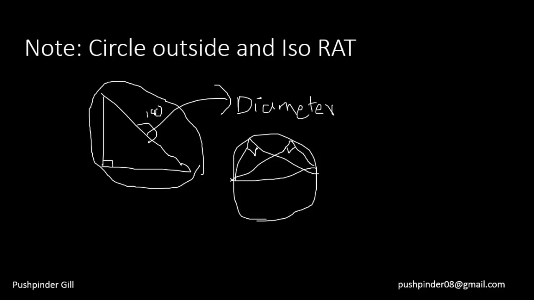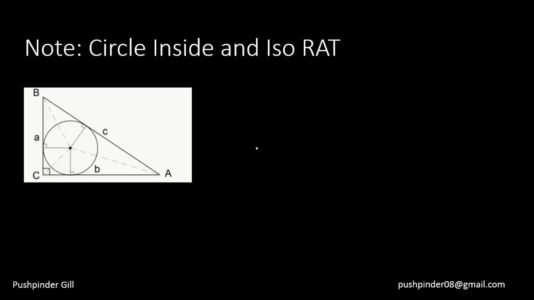So again, I'm repeating that whenever you draw a circle taking the diameter as the hypotenuse, or whenever you draw a circle outside the right angle triangle, the hypotenuse will always be the diameter.